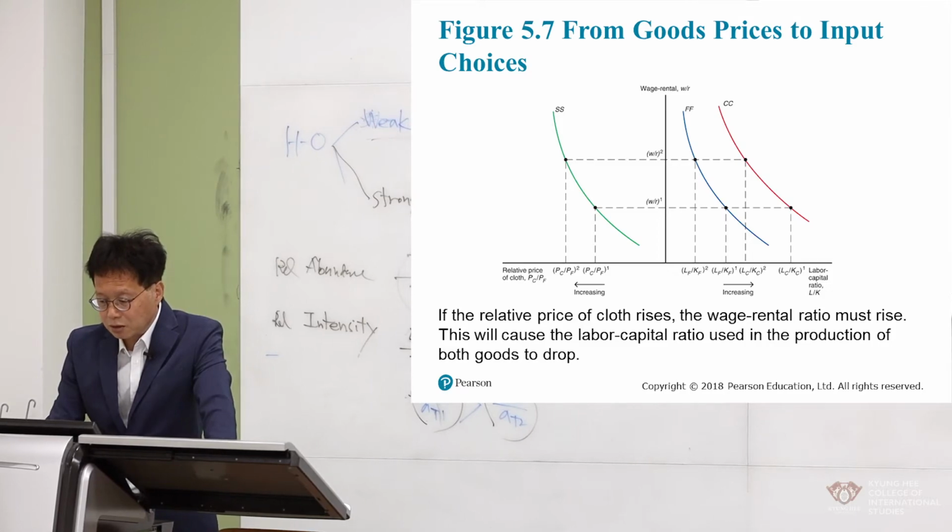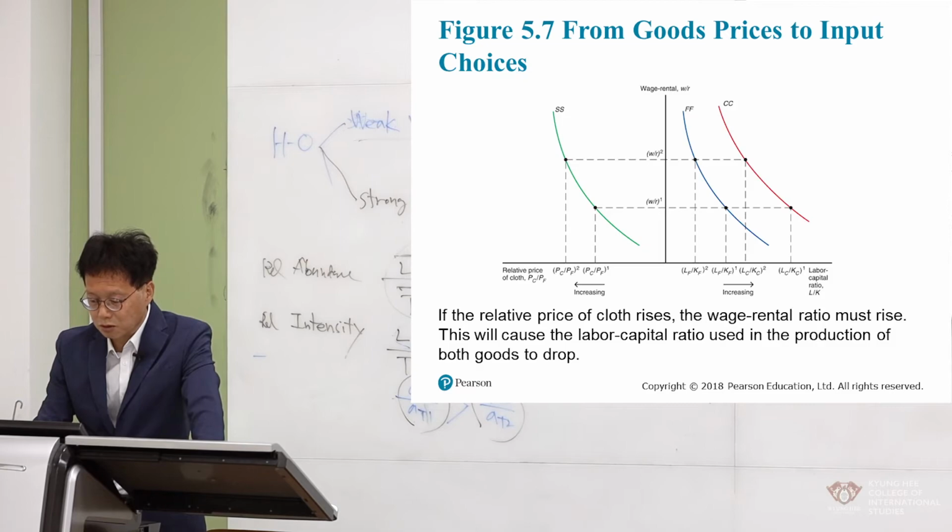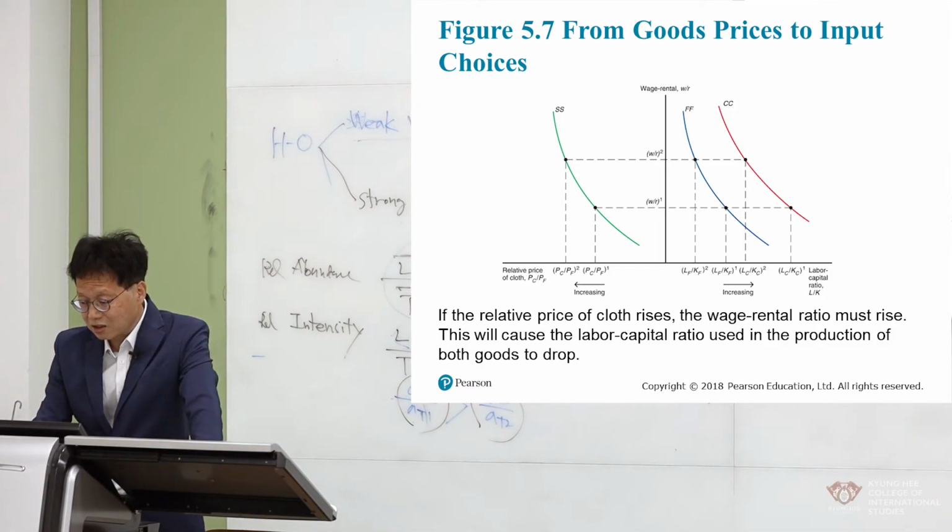If the price of clothes rises, the relative price of the comparative good rises, and the wage rental ratio must rise. This one happened, and this one happened. This will cause the labor capital ratio used in the production of good 1 and good 2 to decrease from here to here.